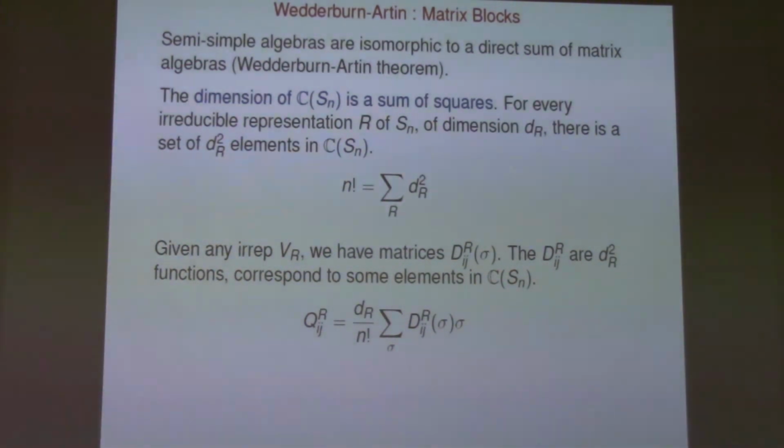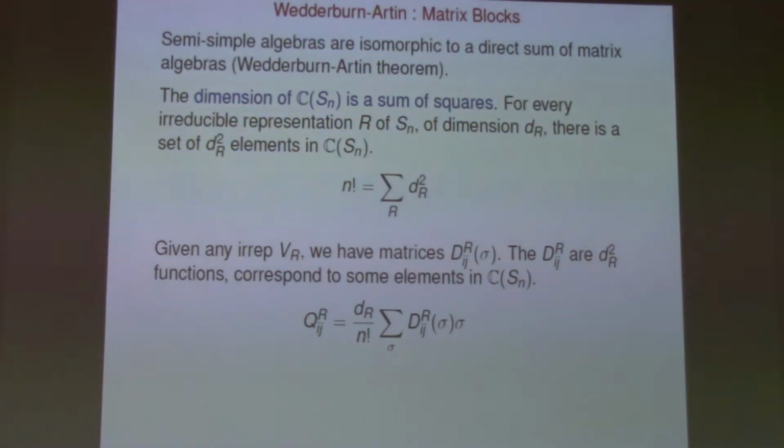It's called the Wedderburn-Artin theorem. The simplest sign of that in this case is that n factorial you can write as the sum of the squares of the dimensions of the irreducible representations. So that's just a fact about numbers.